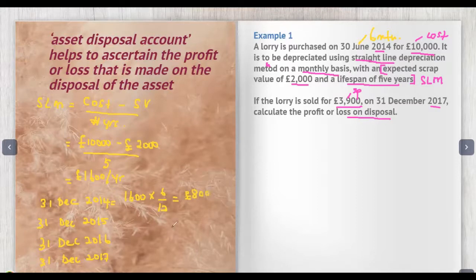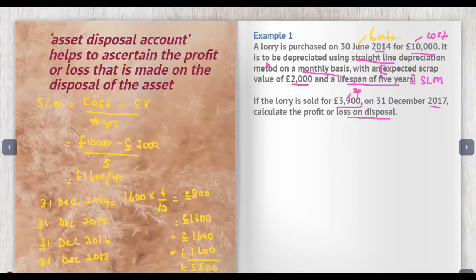Now for the rest, the depreciation would be 1600 yearly. So the total depreciation for this lorry is 5,600 pounds. Okay, that's it. So this is your working.